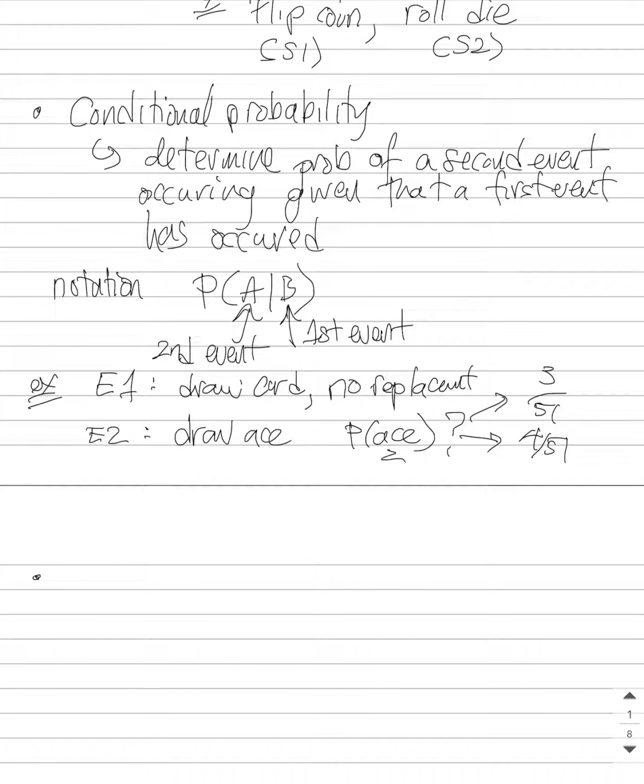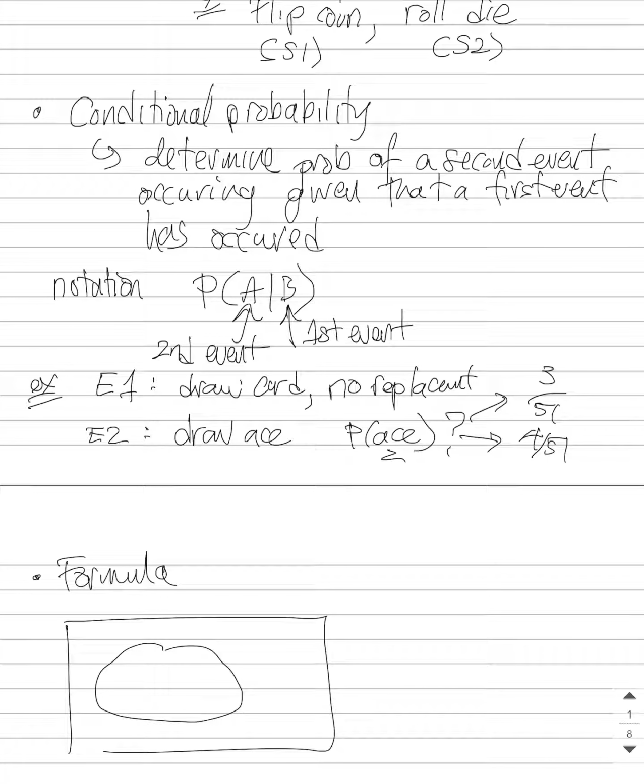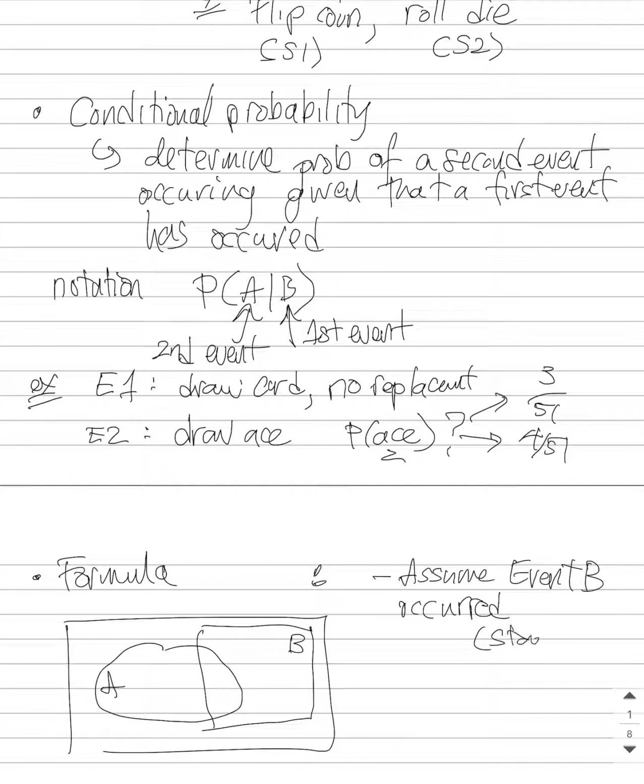Okay, so the basic formula. I'm going to try to illustrate things with a Venn diagram. Here are set or event A and event B. Assume event B has occurred. So this would be stage 1.